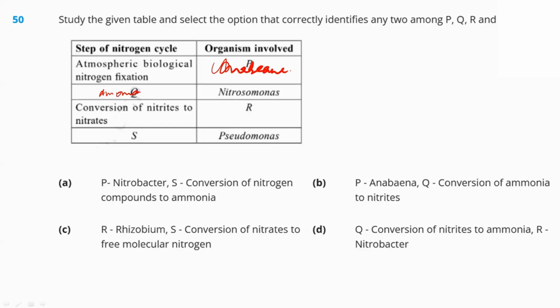Then the conversion of nitrites to nitrates, and the organism involved is Nitrobacter. And Pseudomonas is denitrification. So which one is the right answer? Option B: P is Anabaena and Q is conversion of ammonia to nitrites.